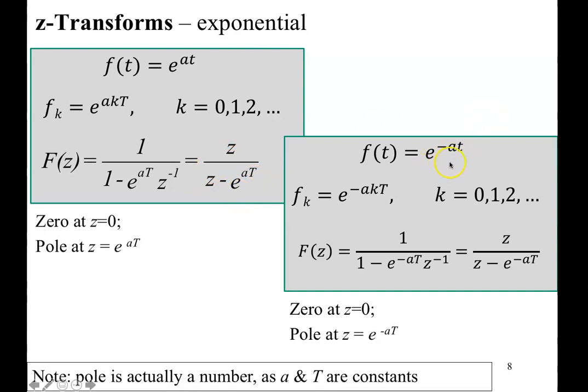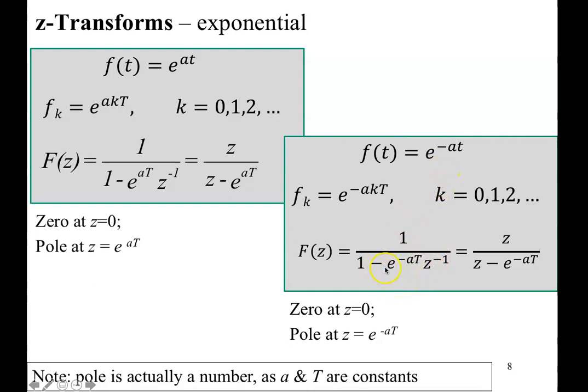For the negative power exponential function, in the Laplace transform, that will give me 1 over s plus a. But in the z-transform, for the positive exponential function it is 1 minus something, and for the negative exponential function, it is still 1 minus something. The only difference here is this: instead of e to the power of aT, we have e to the power of minus aT.